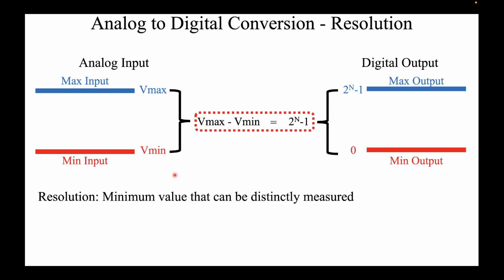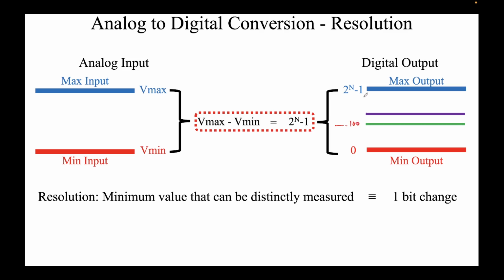Now here it's important to define what we mean by resolution. The resolution is the minimum value that can be distinctly measured. This is the definition of resolution that we see in microscopy and in fact in any other field. As far as digital signals are concerned, that means the difference of 1 bit. Let's say we have some MSBs, and the final 3 digits are 100.